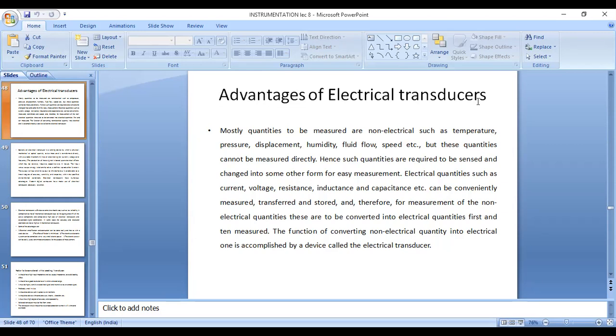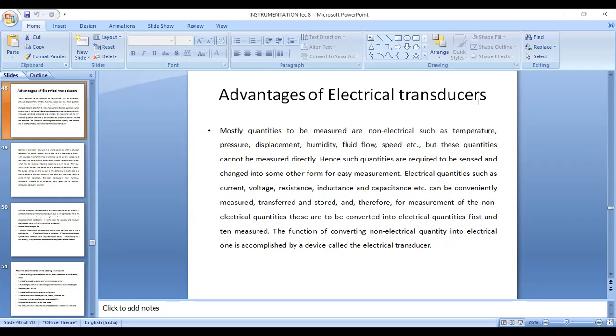For the purpose of automation, I want to convert any physical parameter like temperature, pressure, viscosity, humidity, moisture, damping, speed, velocity, acceleration, torque, rotation, pH, conductivity, and so on, into electrical signals like voltage, current, and frequency, right?